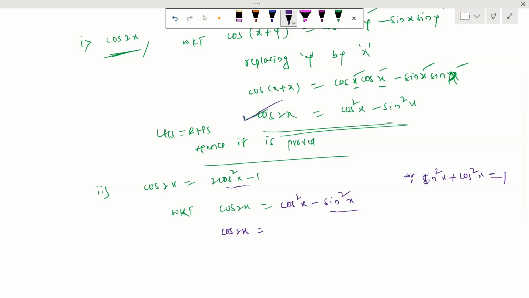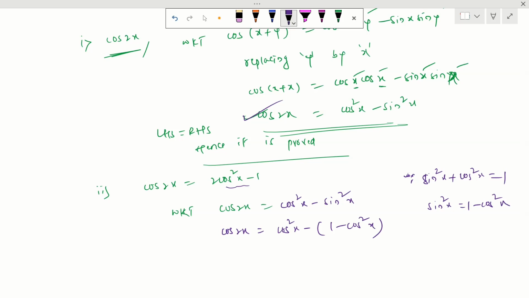Here sin square x, how can we write this? Sin square x is 1 minus cos square x. Is it right? So the same thing I'm writing here: cos square x minus sin square x is cos square x minus, 1 minus cos square x.